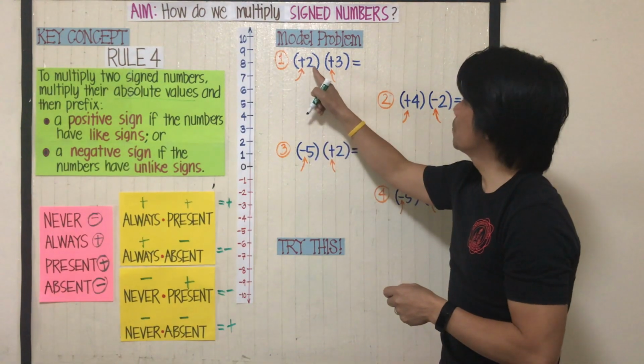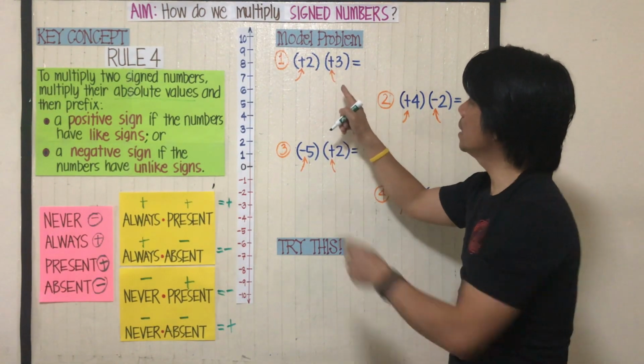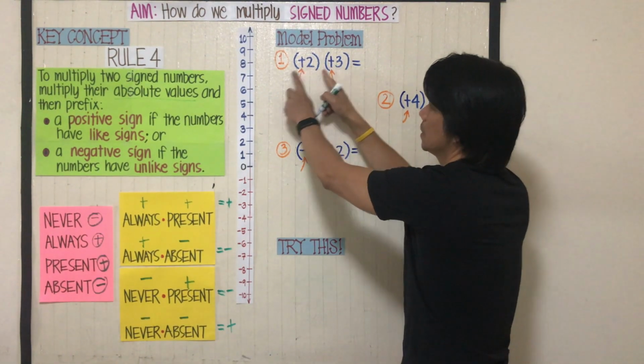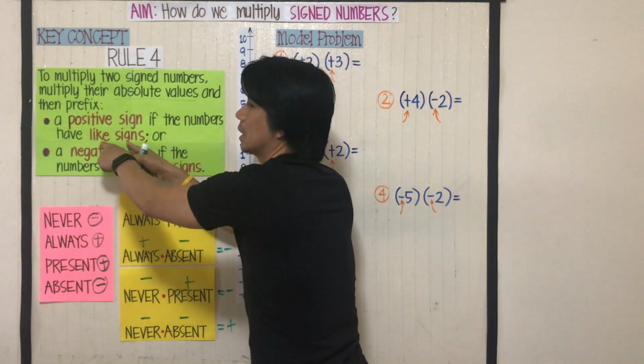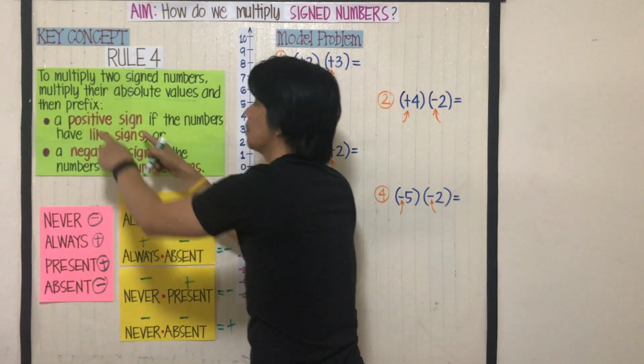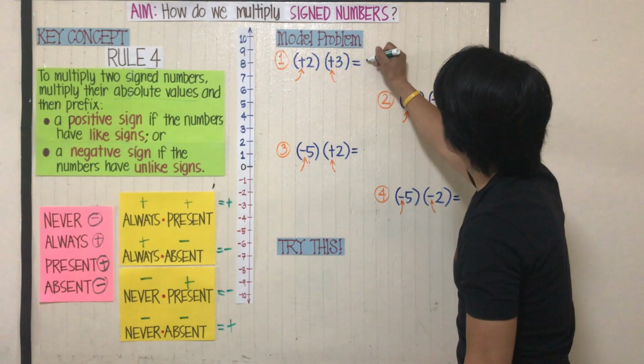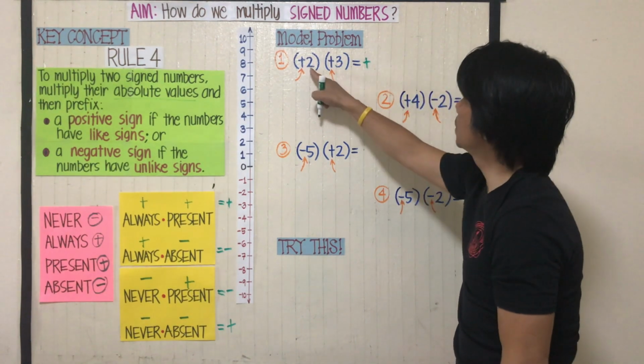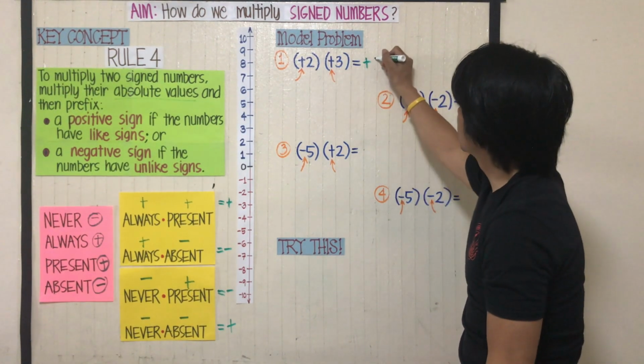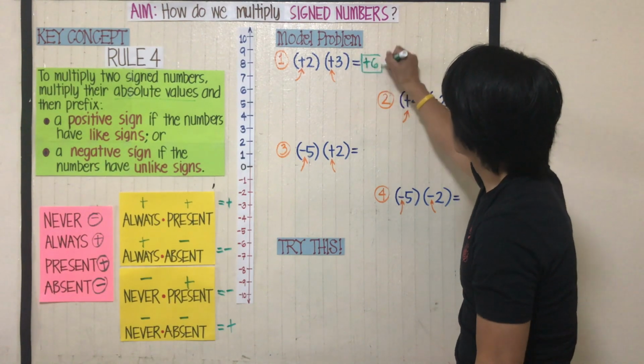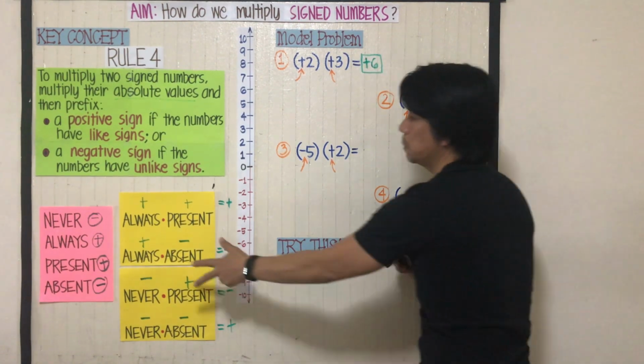Now, positive 2 times positive 3, since they have like signs, it says here in the key concept, the product must be positive. And 2 times 3 is 6. Positive 6.